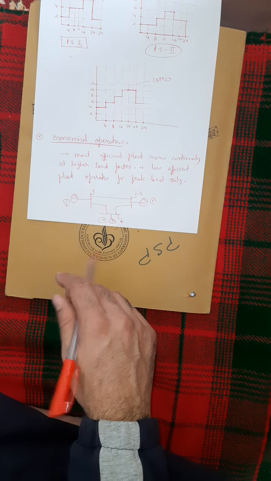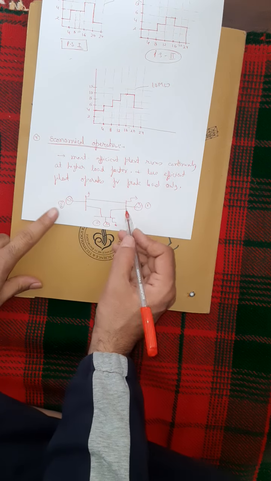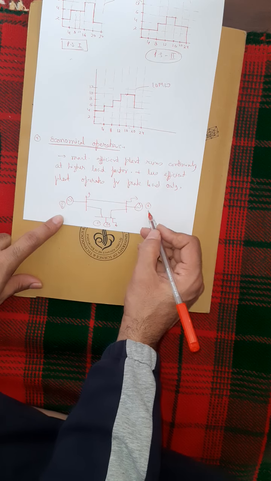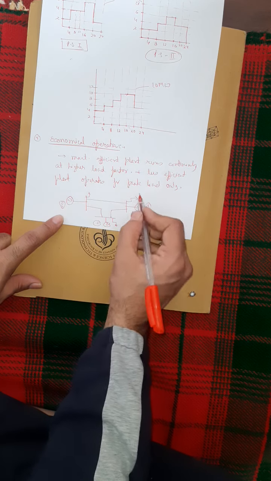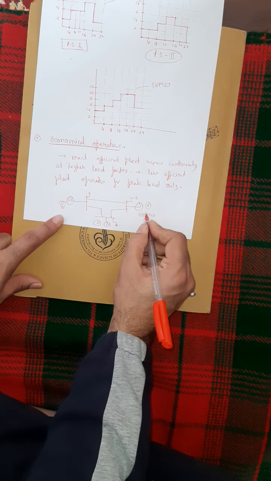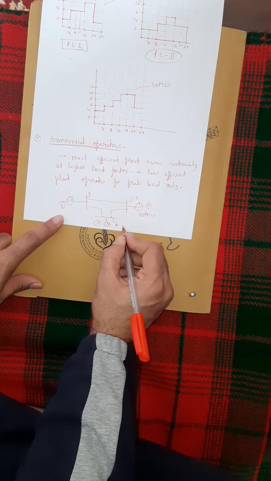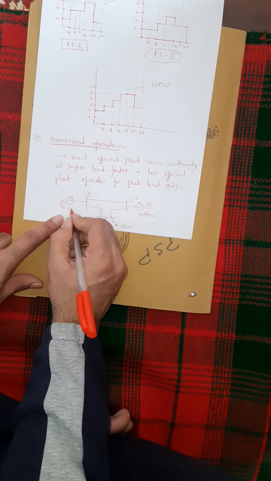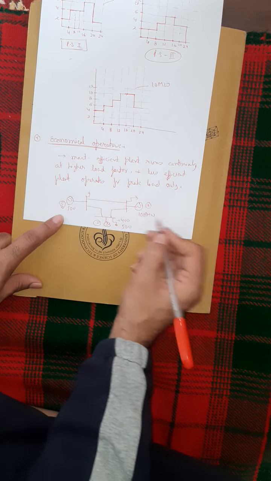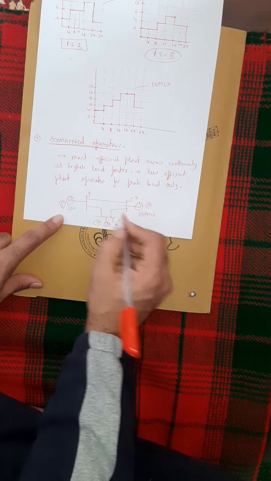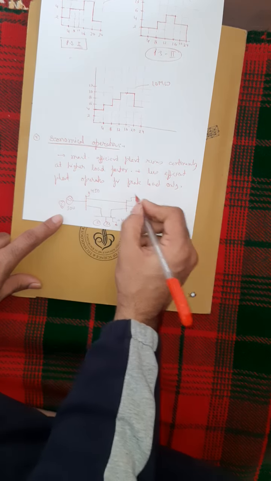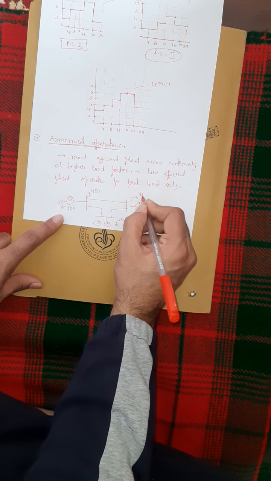Plant one will operate all the time at higher load factor. Suppose plant one has a capacity of 1000 megawatt, plant two 500 megawatt, and plant three 500 megawatt. The load on plant one is 400 megawatt, on plant two 450 megawatt, and on plant three 950 megawatt.